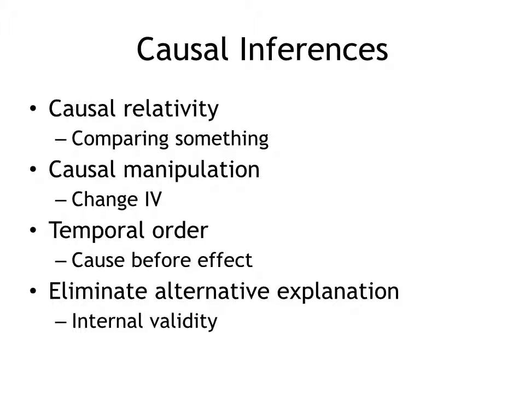Then you have to have causal manipulation. In other words, the researcher changes the independent variable or the level of the independent variable. In medical studies, often the researcher changes the amount of a medicine, or gives some people a placebo and some the true medicine. And all of those are ways that we manipulate the independent variable.